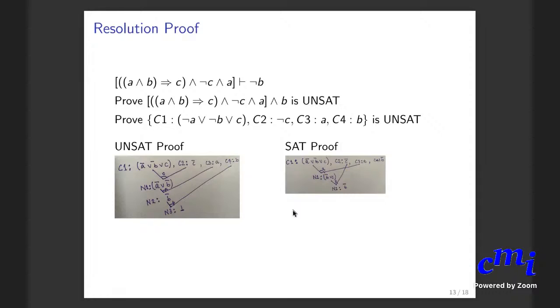See, the thing is, this problem of Boolean satisfiability is NP complete. So in the worst case, it can be exponential. This is a classical NP problem.